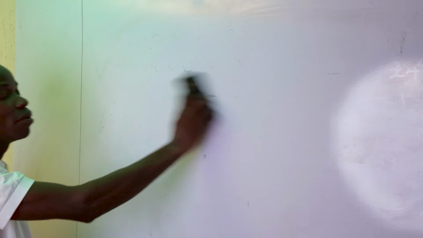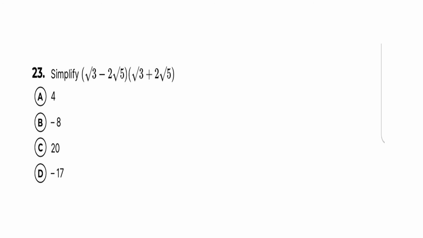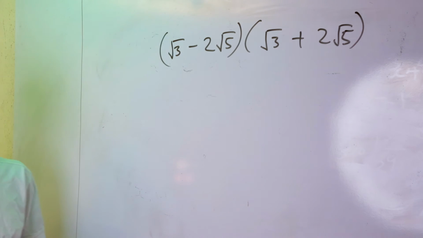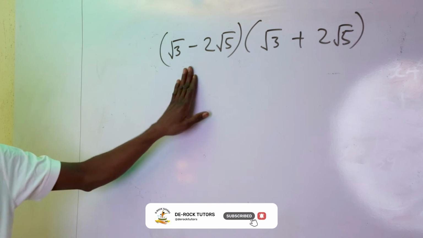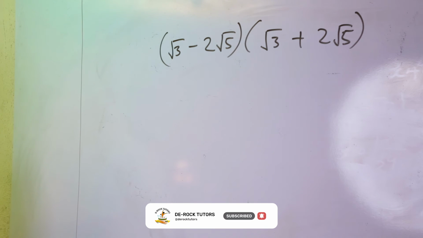Number 23, we are multiplying root 3 minus 2 root 5 by root 3 plus 2 root 5. Looking at this question, we discover that the two terms we are multiplying here are conjugates of each other.